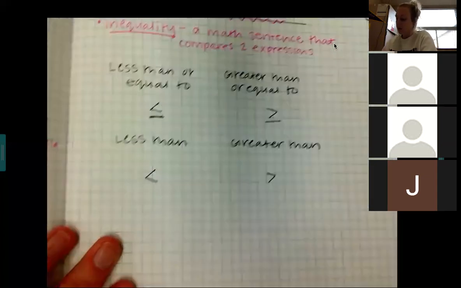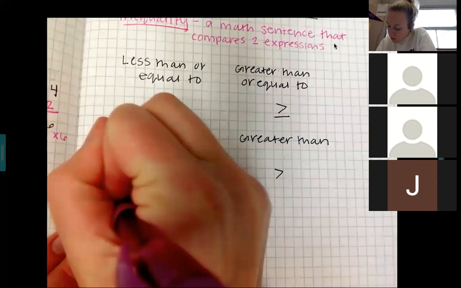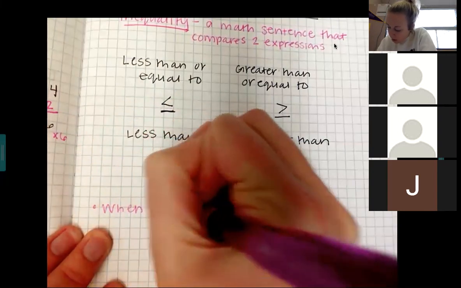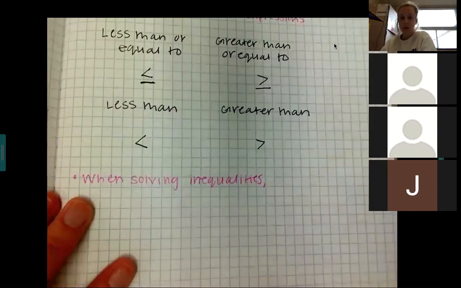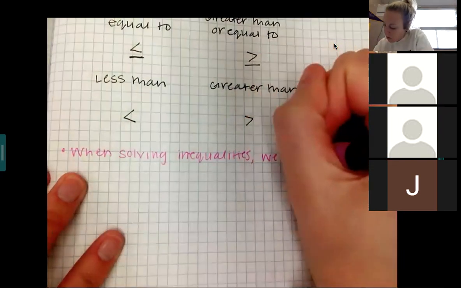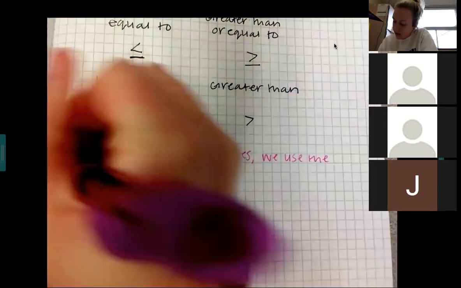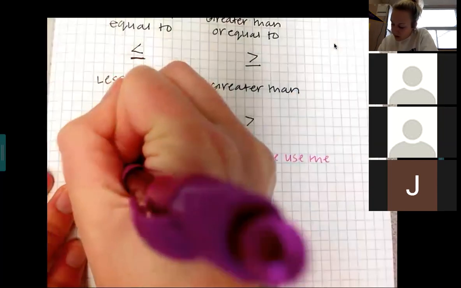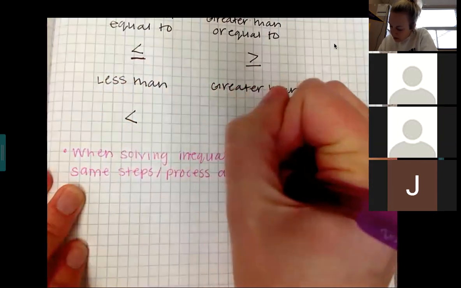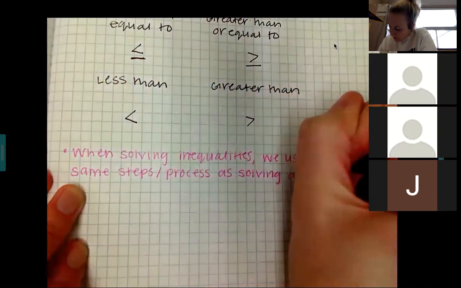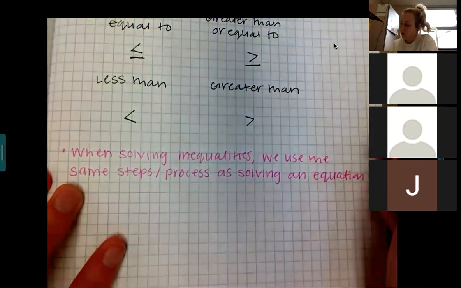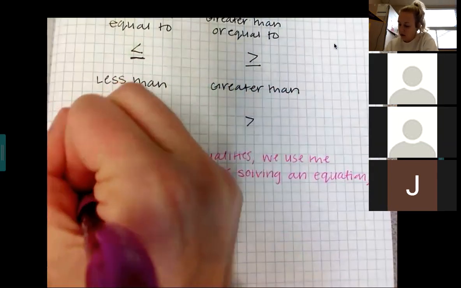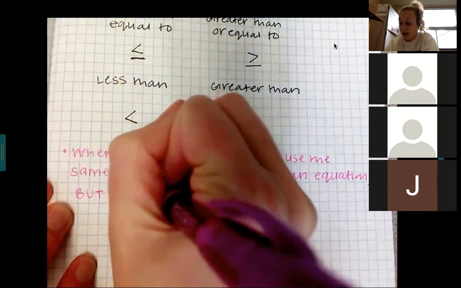All right, so the next part of the notes. When solving inequalities, we use the same steps as equations. But there's going to be one new rule.